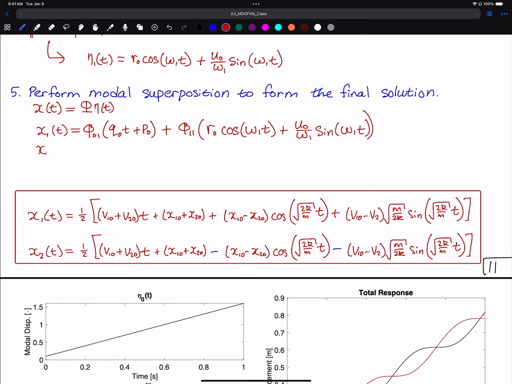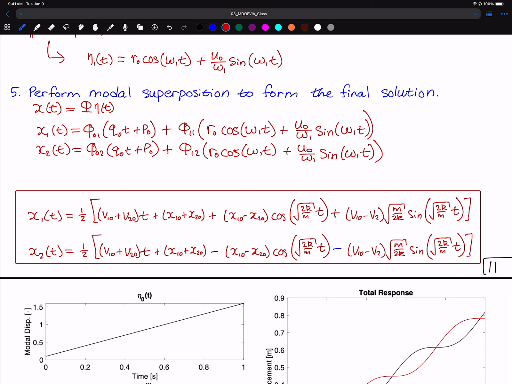And then x2 of t will be equal to phi 02 times q0t plus p0 plus phi 12, that's the second component of the first mode shape, times the quantity r0 cosine omega 1t plus u0 over omega 1 times the sine of omega 1t.